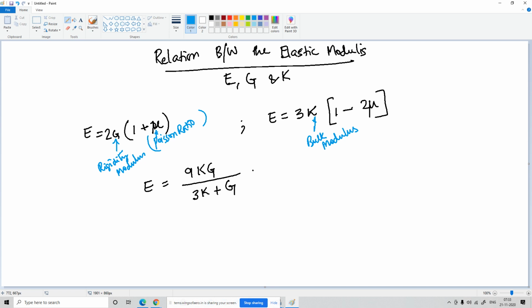I use one trick to remember this particular formula. How? See the KG, right? I remember 9KG.